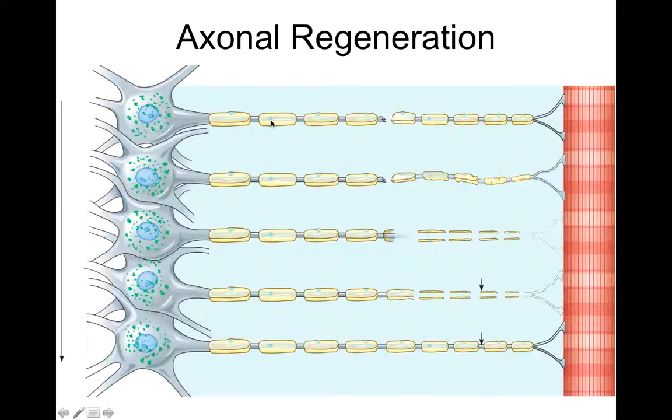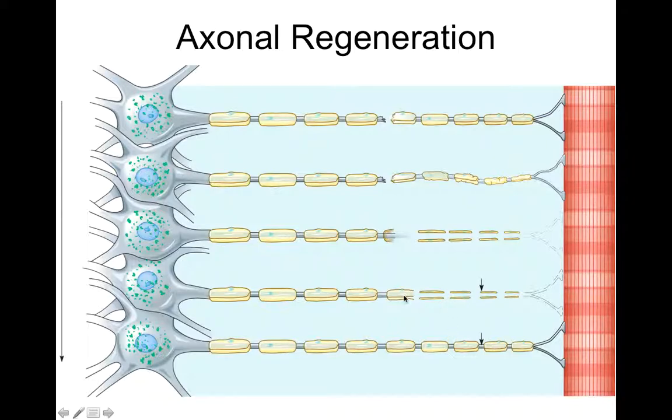Axonal regeneration. This mainly occurs in the PNS, in the peripheral nervous system, and in myelinated axons. And this happens because the myelinated axon helps to maintain a kind of template for this nerve to regrow.